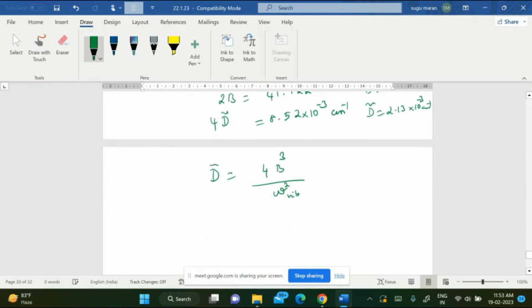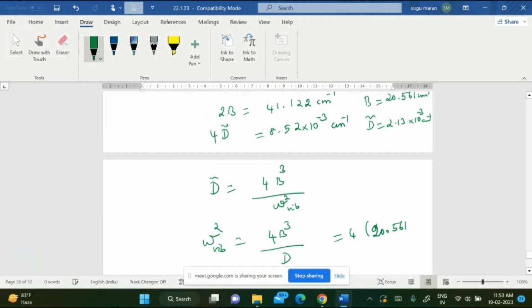So now I know my B and my D. From this, I can calculate my vibrational frequency square, which is nothing but 4B cube divided by D. So which is 4 times 20.61 centimeter inverse, cubed, divided by the D value, which is 2.13 times 10 to the power minus 3 centimeter inverse.